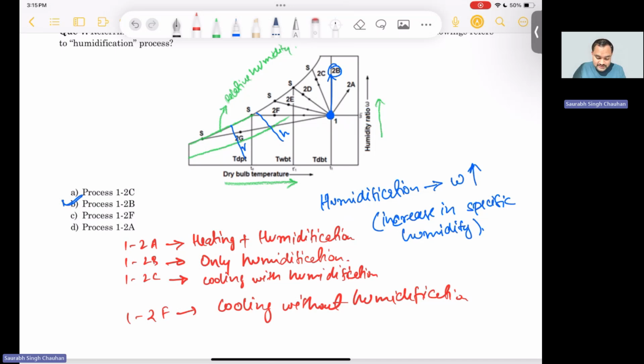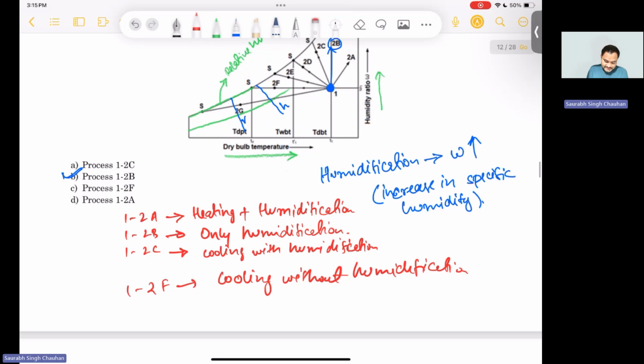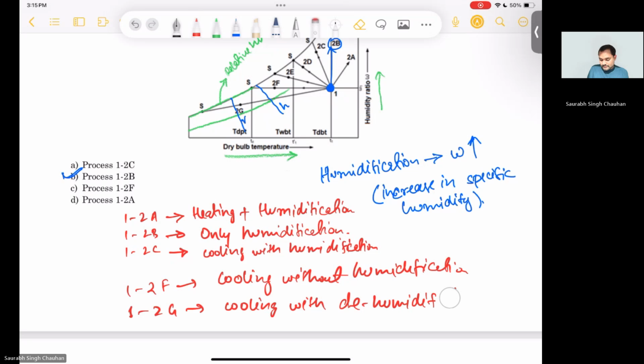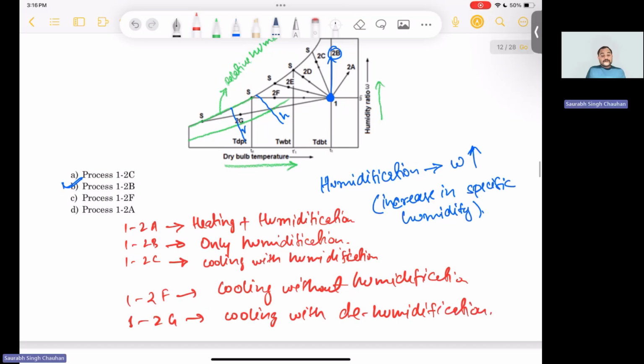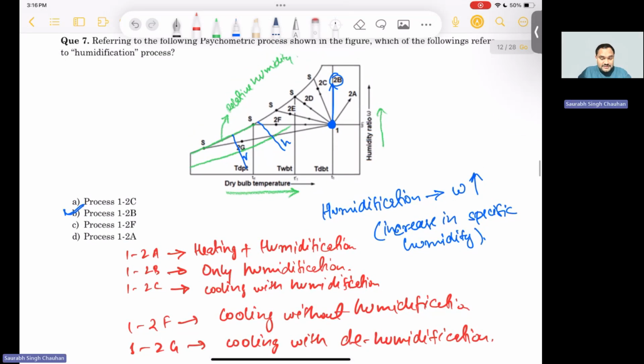Okay, you can also go in the downward direction, that will be the dehumidification direction. Okay, for example, 2G is there, 1 to 2G. So this is cooling with dehumidification. Okay, so for example, in summer season, what you need is cooling. But when you reduce the temperature of your room, then what will happen?